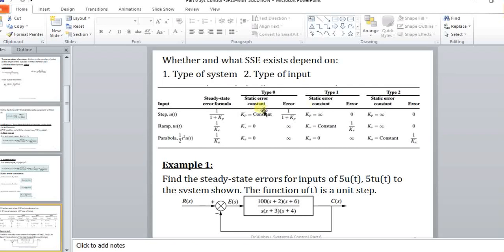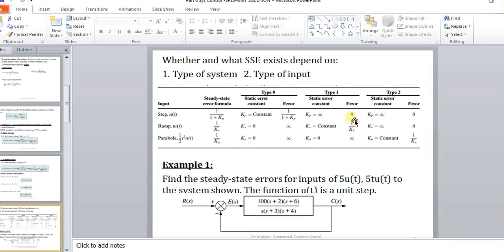Now if you take the same input, step input, but apply it to a type 1 system, the static error constant Kp is infinite. So if you put infinite here, 1 over infinite will be 0. Then again the same step input, but you are applying it to a type 2 system.